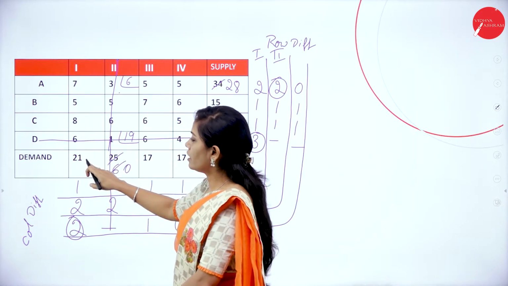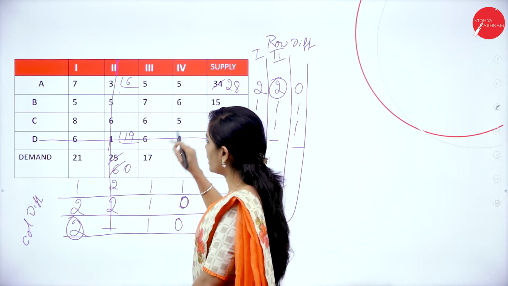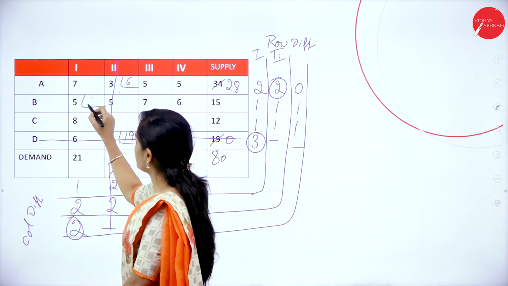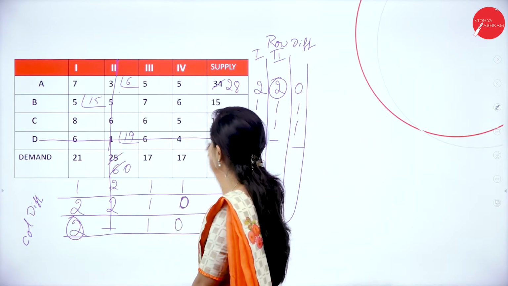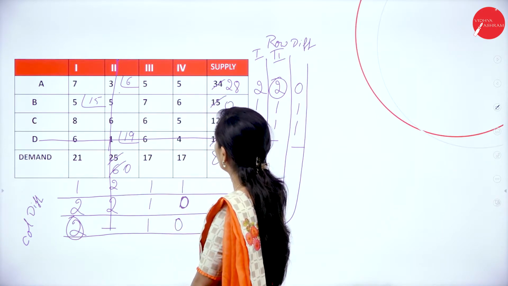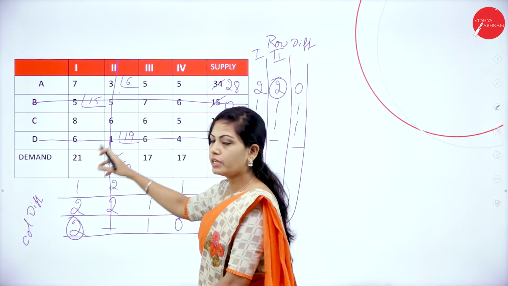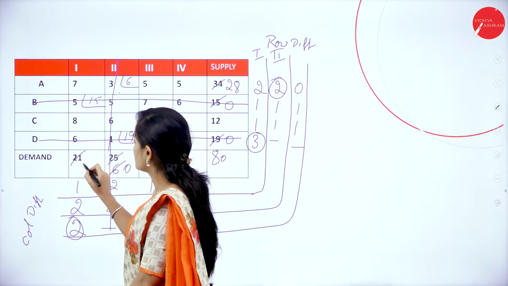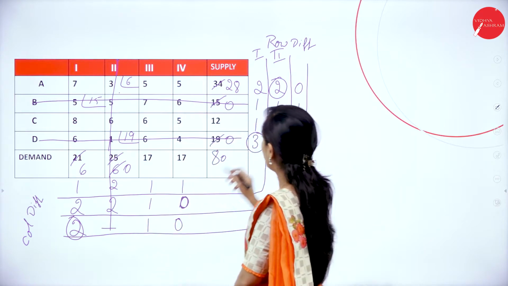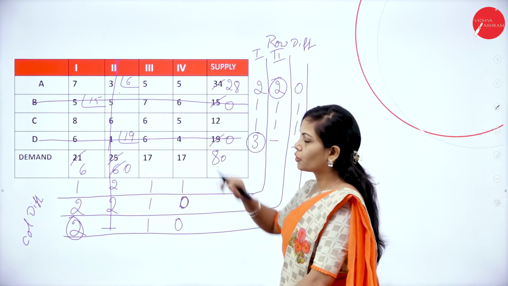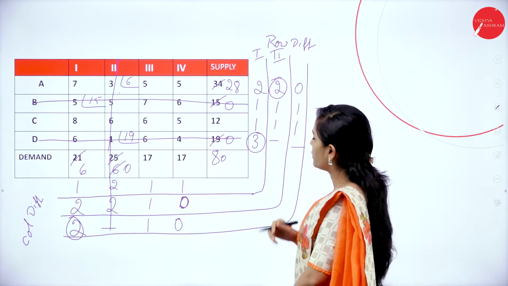Just check the value of demand and supply. Supply value is lesser than demand value. I will allocate 15 rupees here. So it will become 0 and you can cancel this entire column. So then 21 minus 15 is 6. And now except this row, you can find out remaining values.